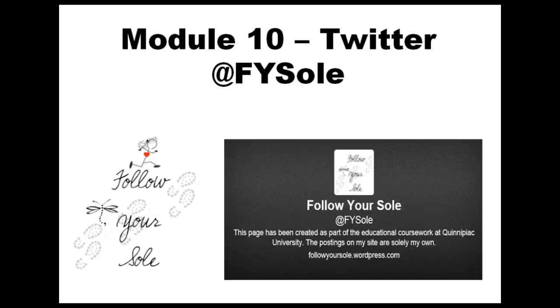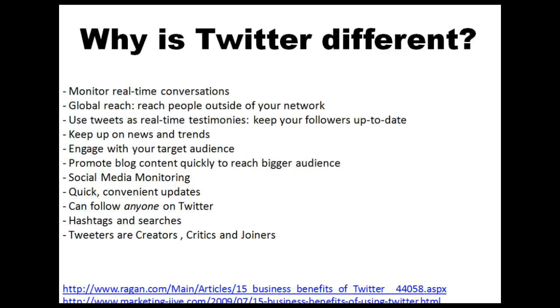I've used the name @FYSoul to find on Twitter. And I'll jump in right away to talk about why Twitter is a little bit different than the other social media networks that we've created, like Facebook. Just a couple of bullet points here. What Twitter can do that Facebook cannot do is monitor real-time conversations.